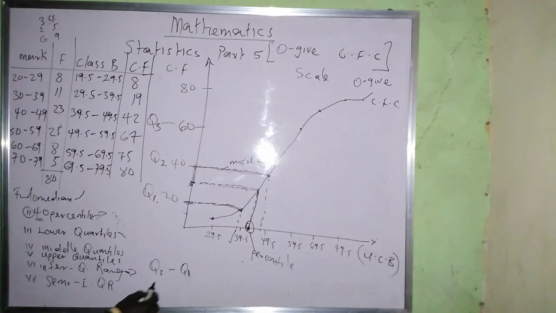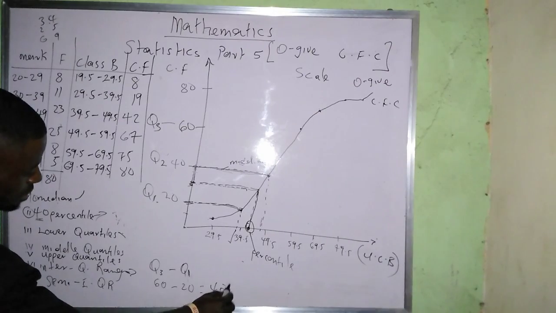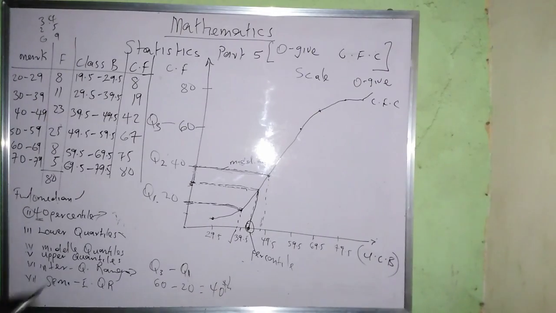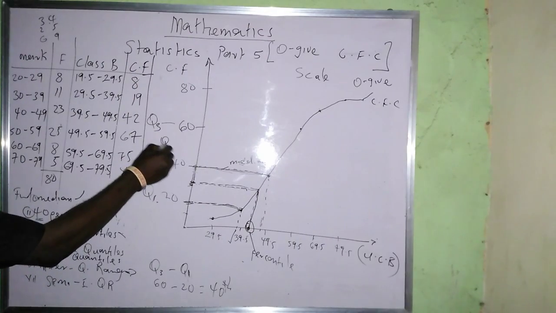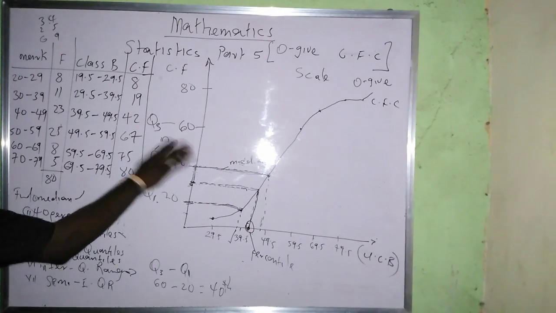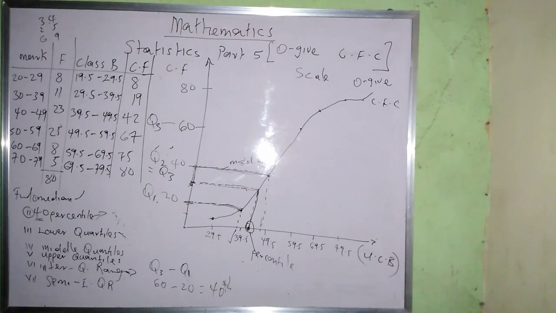What's my Q3? 60 minus Q1, which is going to be 20. That gives 40. That is my interquartile range.